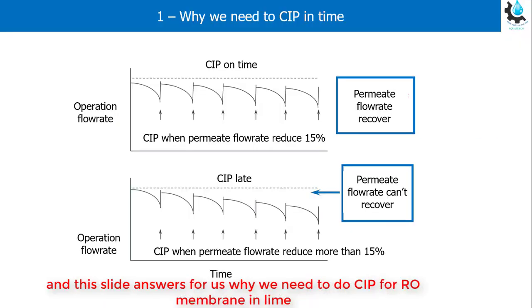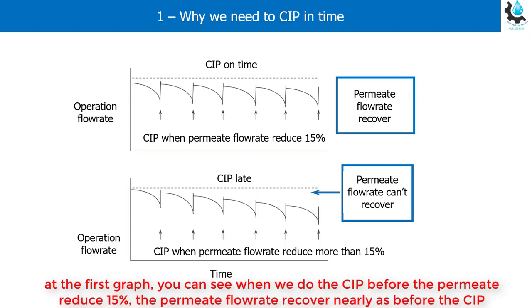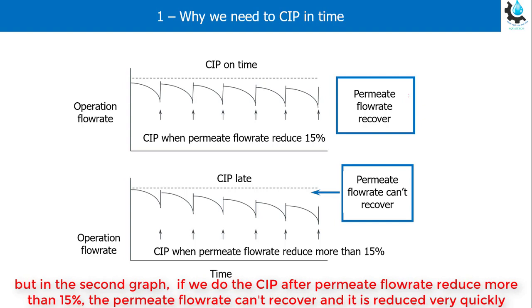And this slide answers why we need to do the CIP for RO membrane in time. In the first graph, you can see when we do the CIP early, the permeate flow rate of the RO membrane is recovered nearly to before the CIP. But in the second graph, you can see if we do the CIP late, the permeate flow rate cannot recover and it reduces very quickly.